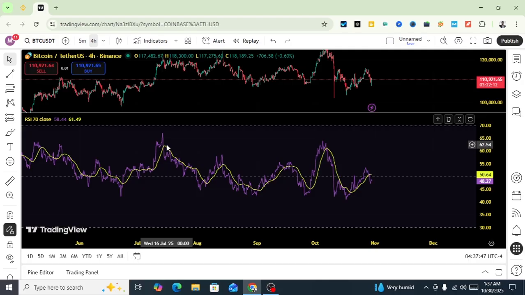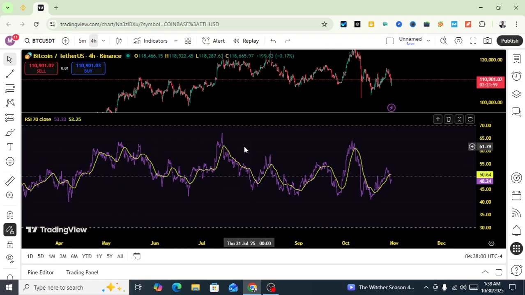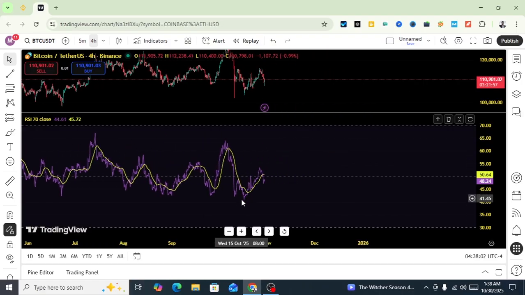When the RSI is below 30, that means it's oversold and price could rise. It doesn't mean you buy or sell instantly, but it's a strong signal. So if the market is oversold here, that means it is going up.